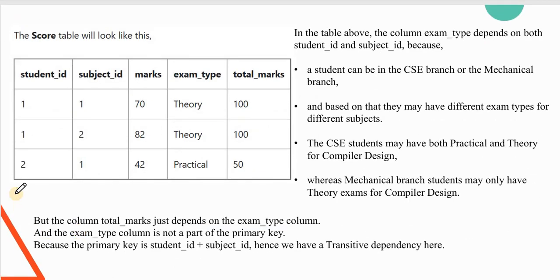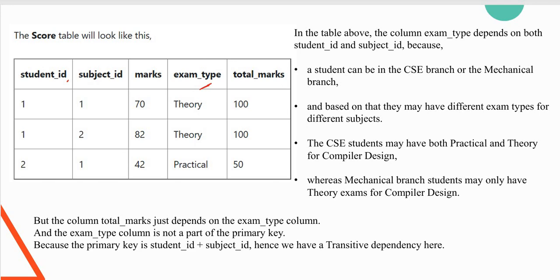So if you take an example here, see the score table, it has student ID, subject ID, mark, exam type and total mark. Okay, so in this table, the column exam type depends on both your subject ID as well as the student ID, because a student can be in the CSE department taking a theory subject, or he can be in the mechanical branch and also take a theory subject.